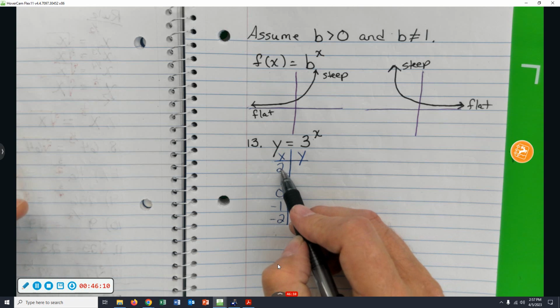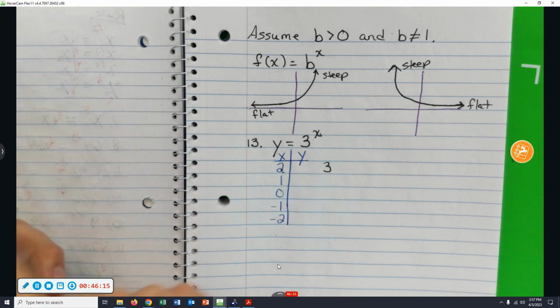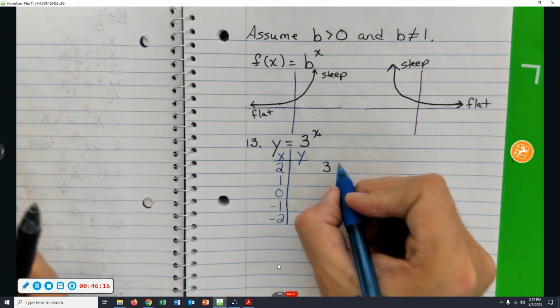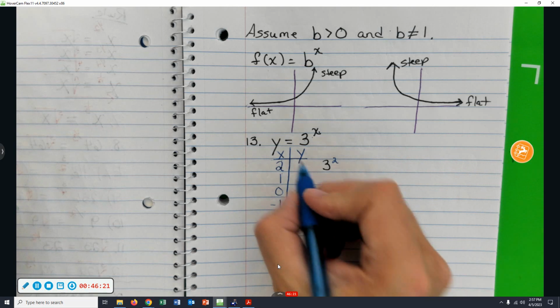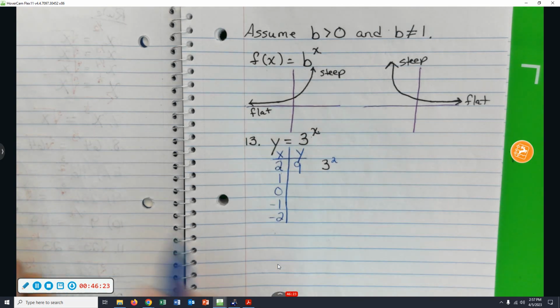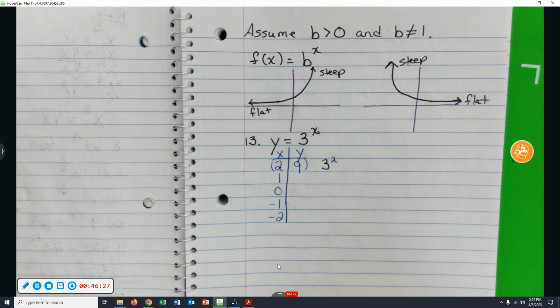I'm going to start off by plugging a positive 2 in here. I'd have 3 squared. 3 squared is 9. So there's our first ordered pair. I'll draw a graph in a moment and plot it.